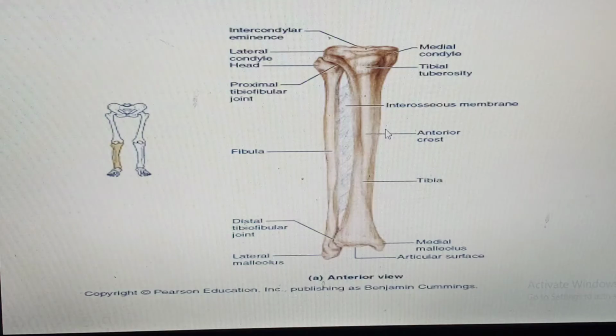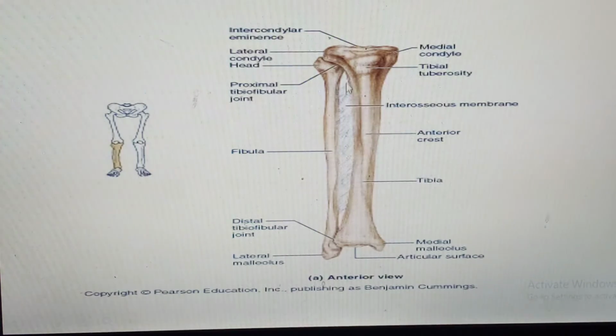Now what I want to show you over here is this interosseous membrane, which is directed from the fibula to the tibia superiorly, in that manner. But look at the initial aspect of this, before the formation of the interosseous membrane, there is a triangular aperture, and this aperture gives passage to the anterior tibial nerve and vessels.